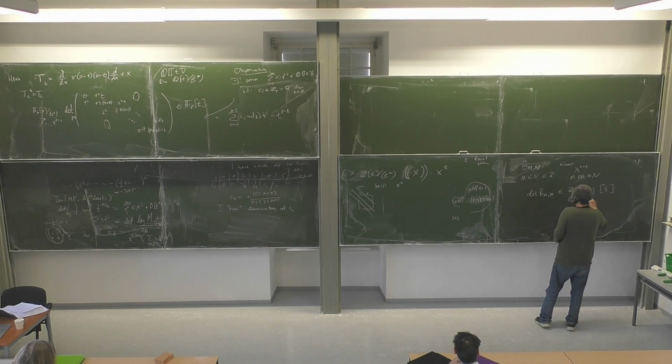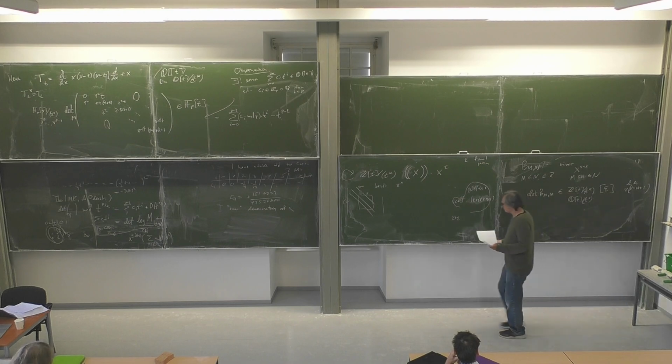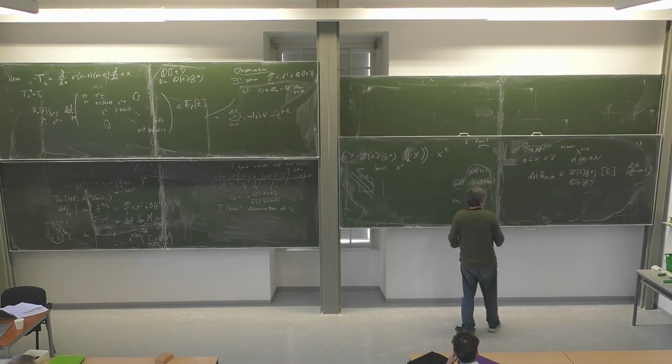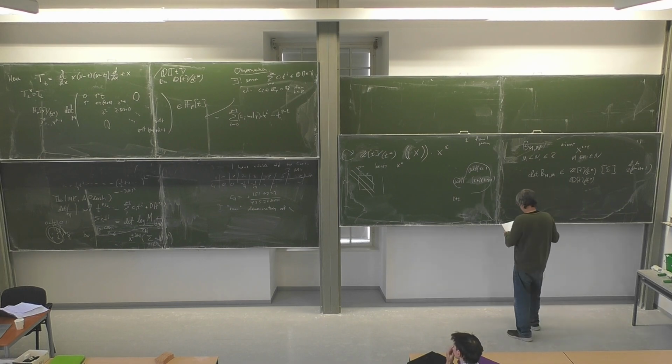So I consider the polynomial. It will be a polynomial of degree n minus m plus 1, or something like this. No, it's a polynomial of degree twice this number. And it will not really be a monic polynomial.